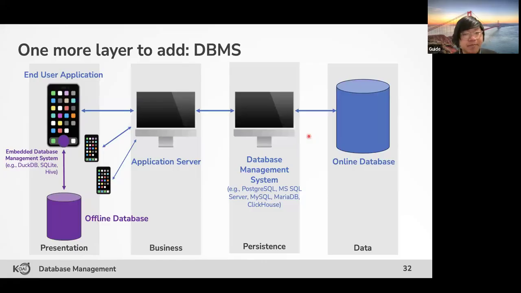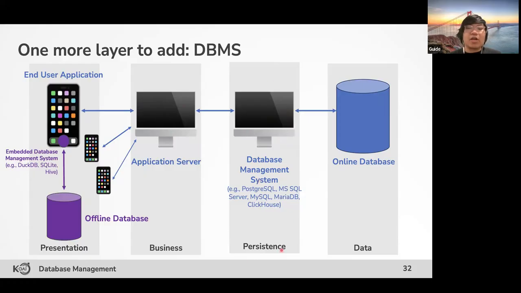It is software. So instead of writing the code in the application server to do definitions, manipulations, query, and access control, now you hand everything off to the man-in-the-middle software called the database management system, or DBMS.